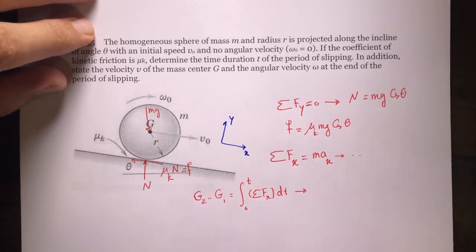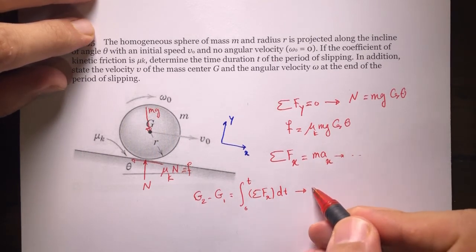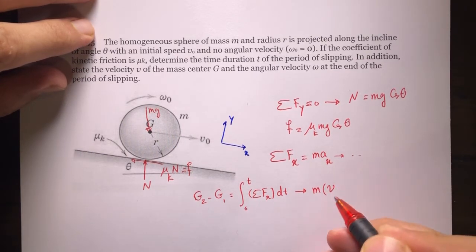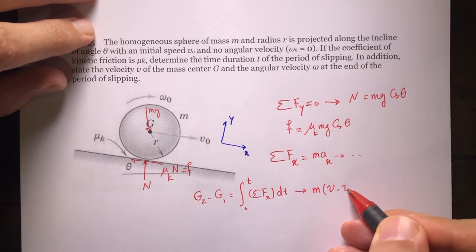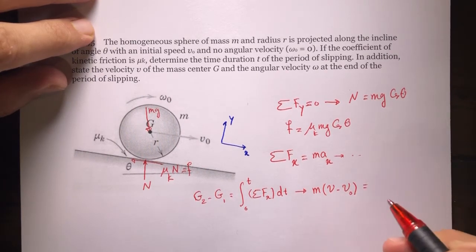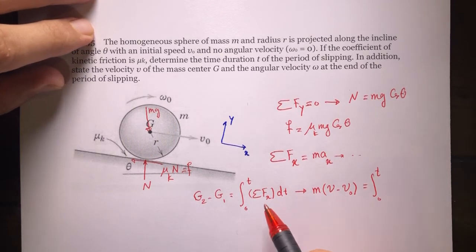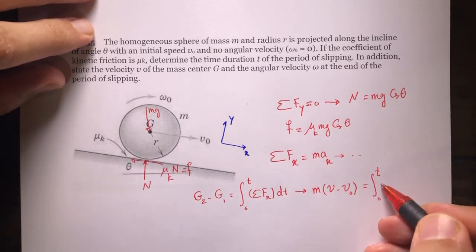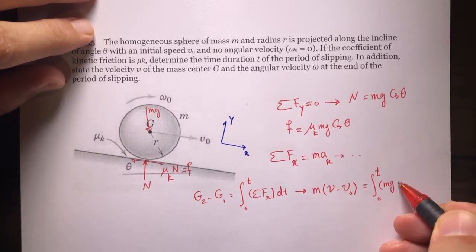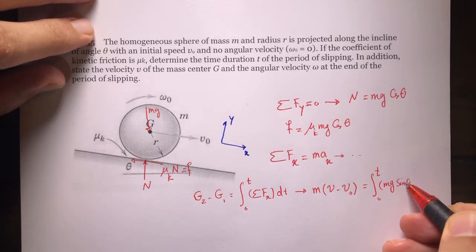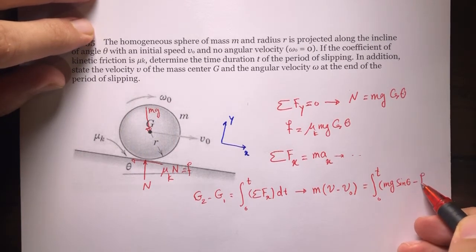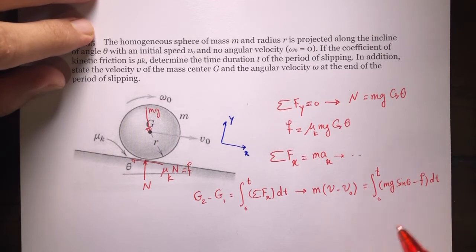So G is m times v, and at the beginning velocity is v0. So it's going to be equal to the integral from 0 to t of the sum of the forces, we have mg sine of theta minus the friction force dt.